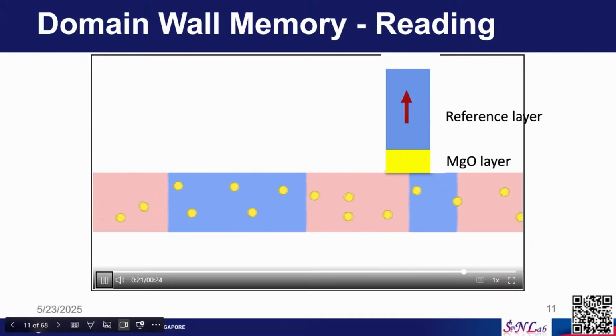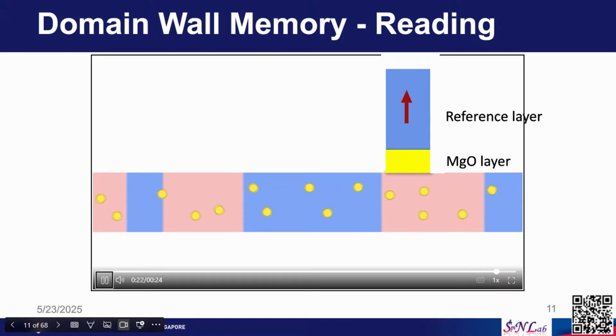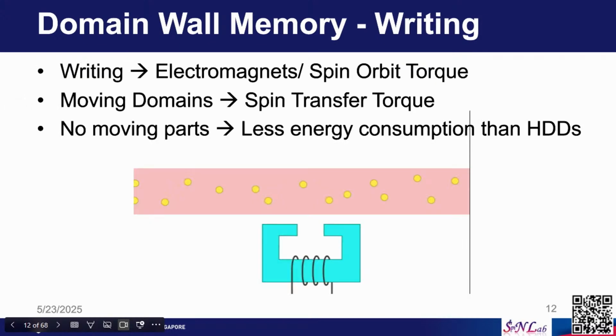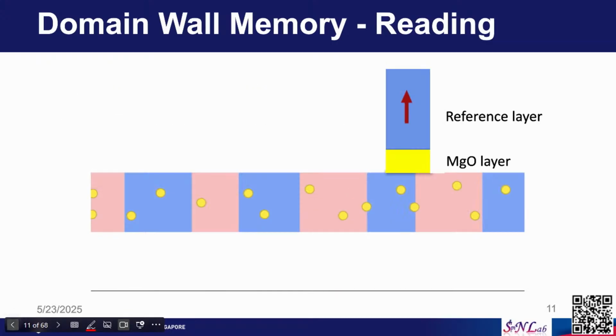So, we can read ones and zeros by shifting the domain wall. For reading we need to shift, for writing also we need to shift. If you want to read information, you need to shift the domain walls. If you want to write information, also you need to shift the domain walls.